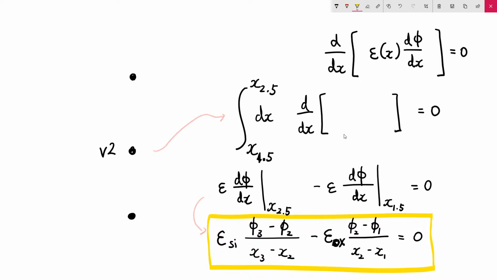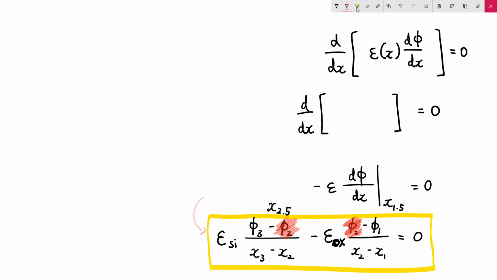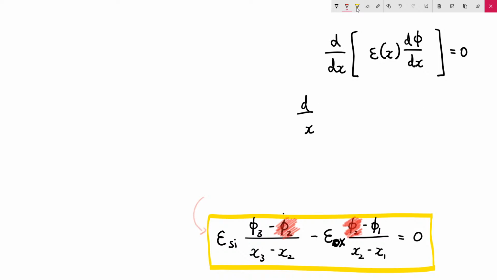Yes, but the point is this one. Here we have phi 2, and here we have phi 2. Previously we just assumed that there exists only one phi 2 because the continuity of electrostatic potential was assumed. However, now we cannot write in this way.